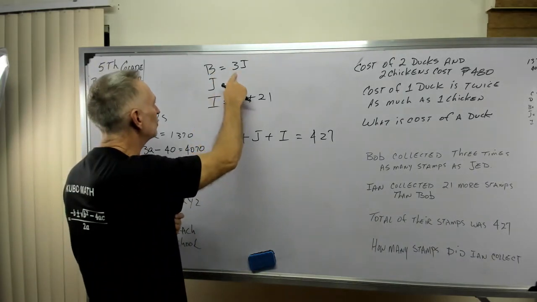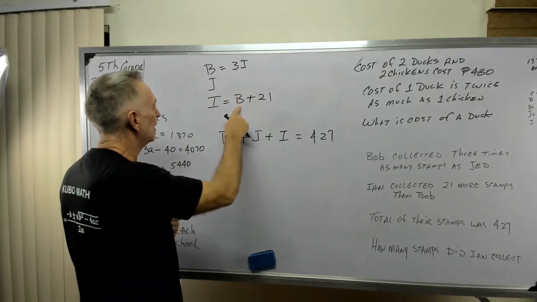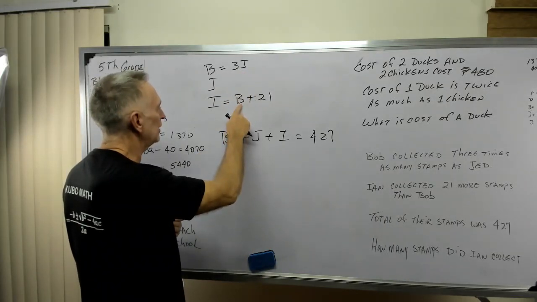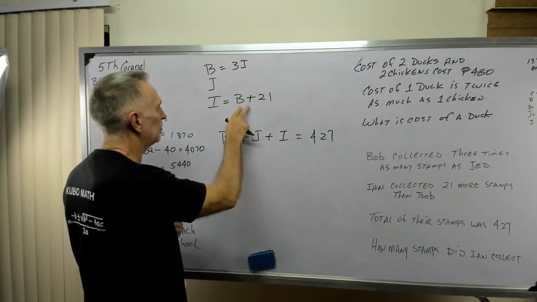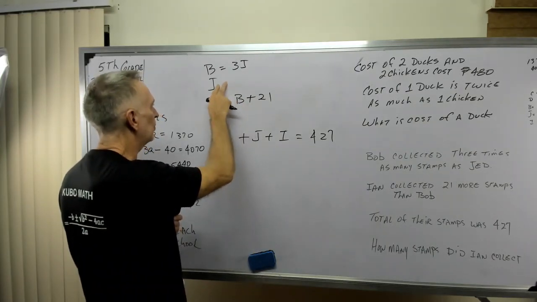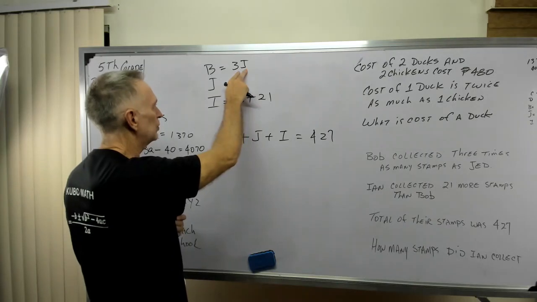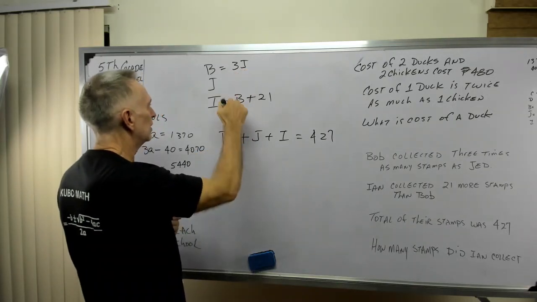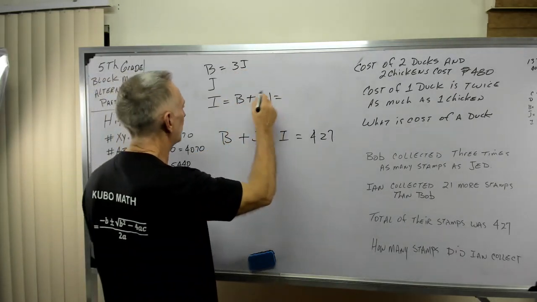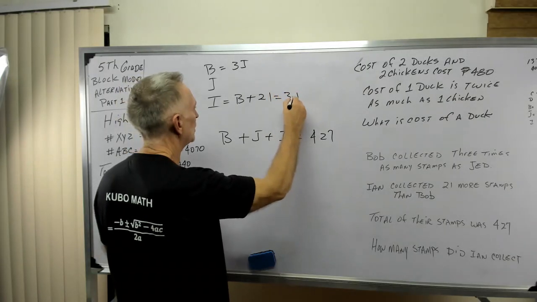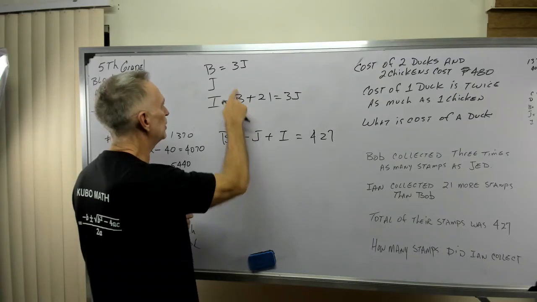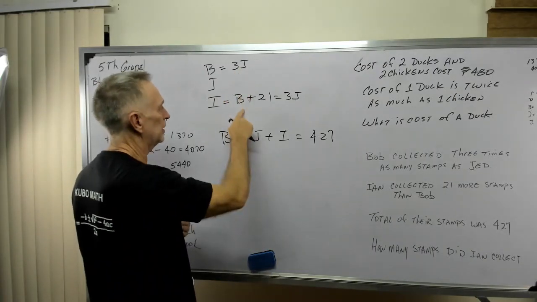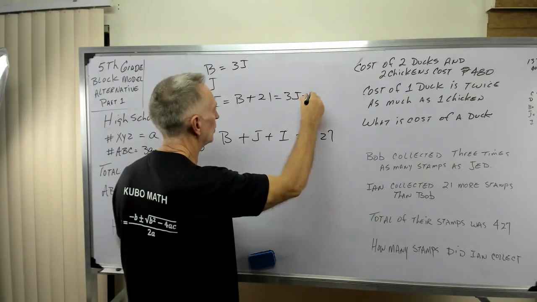Bob equals 3 Jed. If I replace Bob with 3 Jed, this problem will have a Jed, that problem will have a Jed, and this one will have a Jed. All I've done is replace Bob with 3 Jed. So Ian equals 3 Jed plus 21.